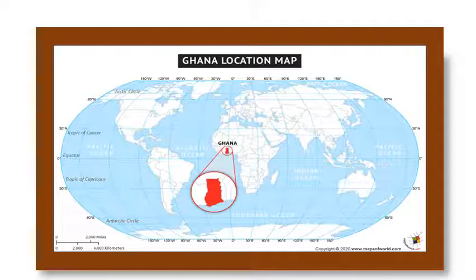Ghana is bordered by the Ivory Coast in the west, Burkina Faso in the north, Togo in the east, the Gulf of Guinea and the Atlantic Ocean in the south. Ghana means warrior king.